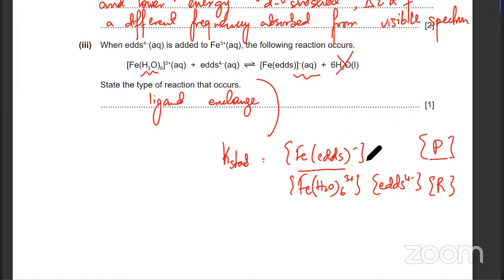That's the expression, right? And the one with EDTA is going to be exactly the same as well, except instead of EDDS, it's going to be EDTA. Is that clear that the other one is also going to have exactly the same expression?